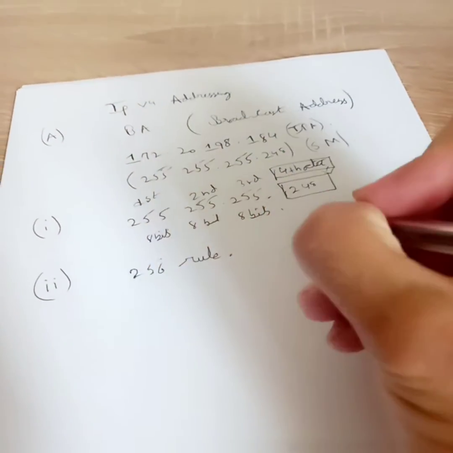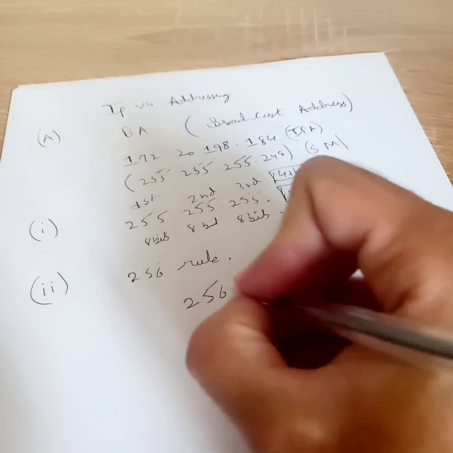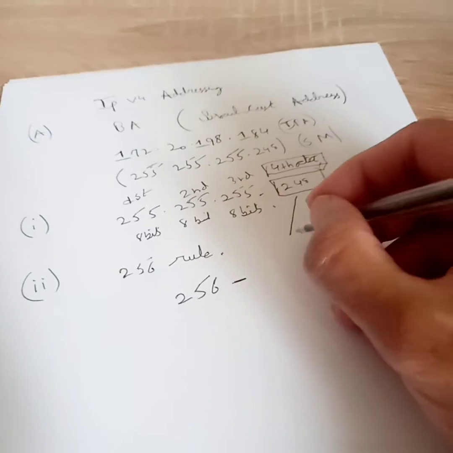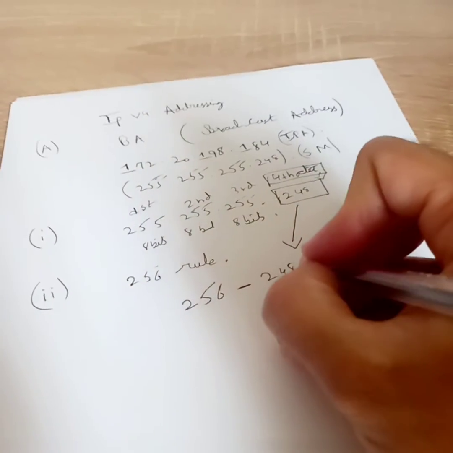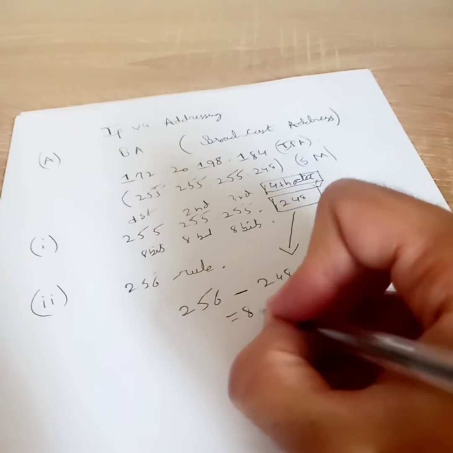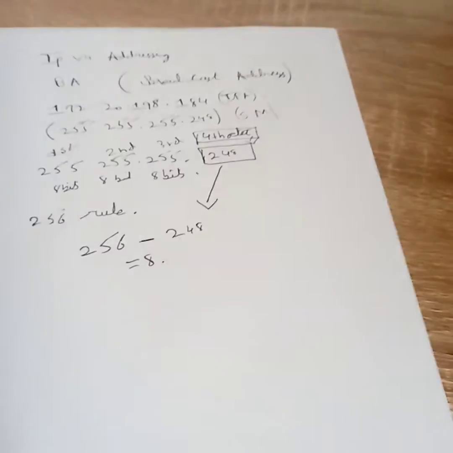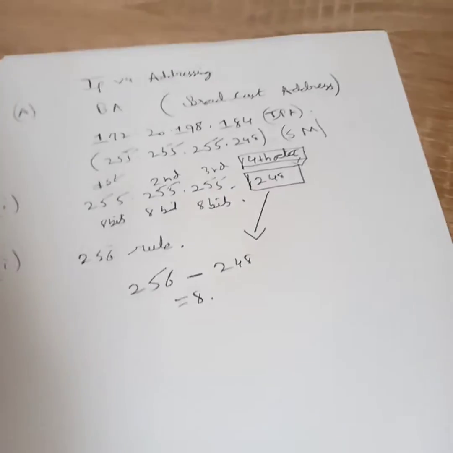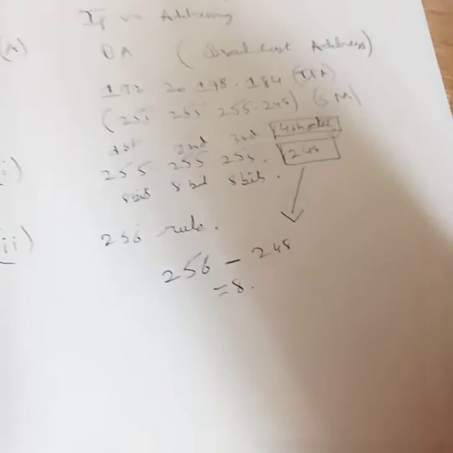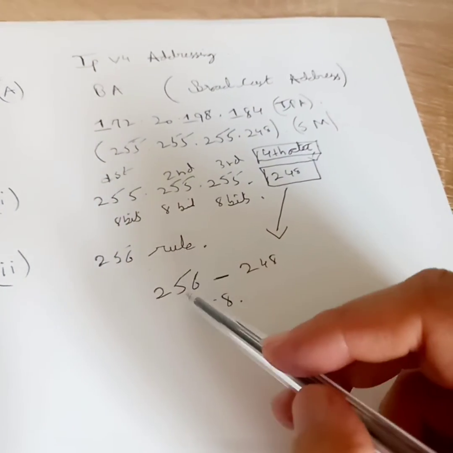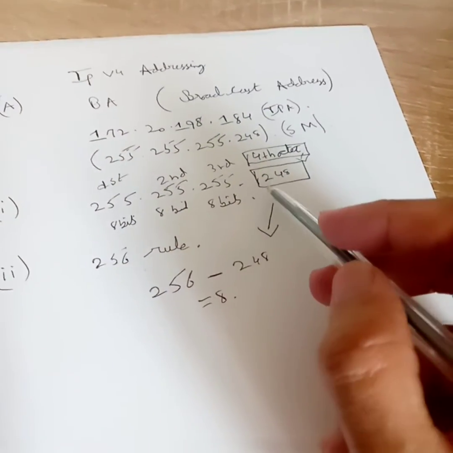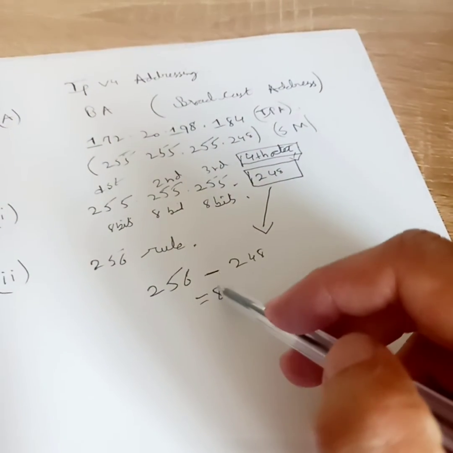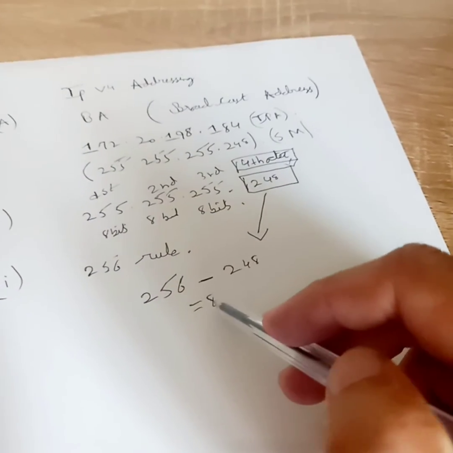So 256, and we will subtract 248 from it. That's done to find out the IP address ranges and subnets. It's an important part that you need to know this 256 rule and in which area you're applying it. So there we go, we have 8 here.